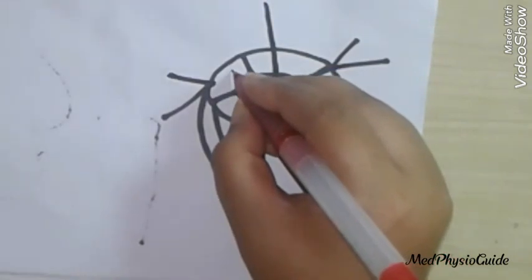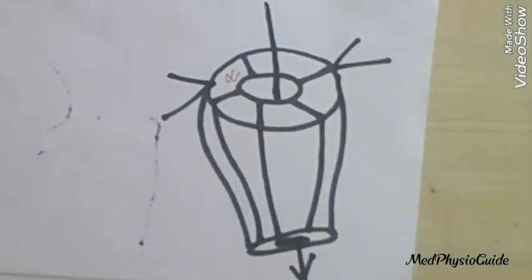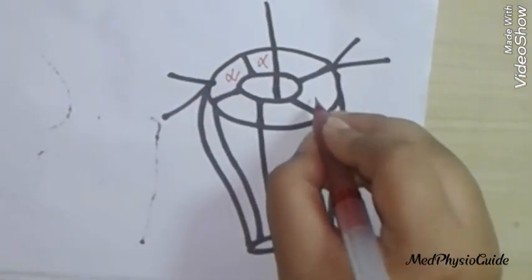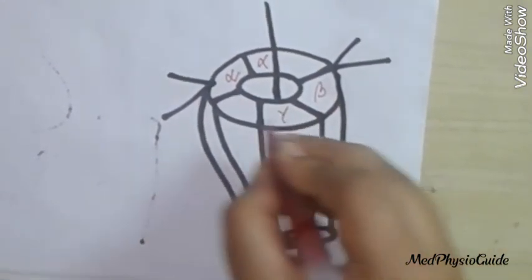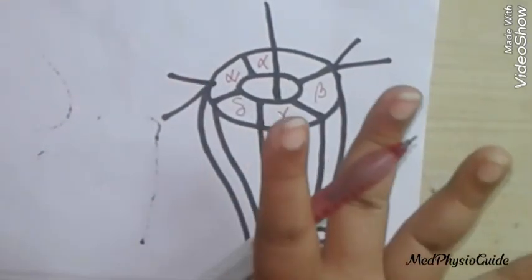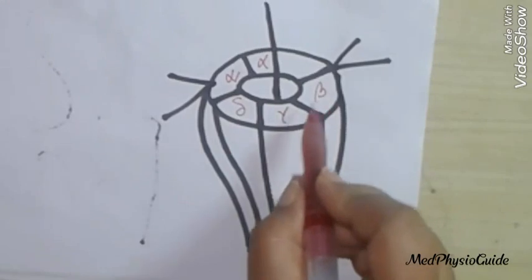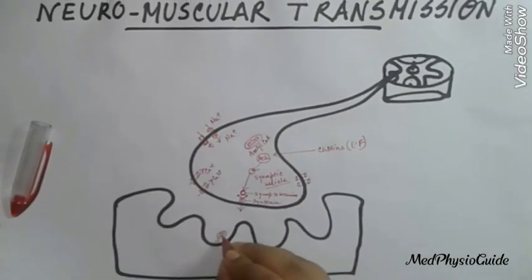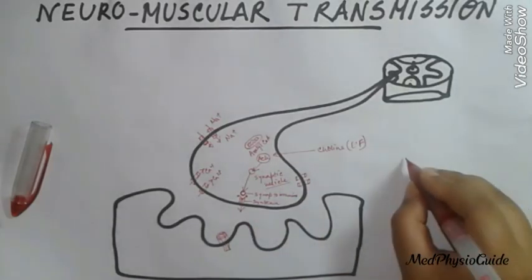Alpha. Okay, so there are 2 alphas, 1 alpha and there is another alpha, beta, gamma and delta. So there are 5 proteins present: alpha, alpha, beta, gamma and delta. Okay, so let's go back to the diagram, and I'm just drawing that up roughly in here, and the influx is going to happen.